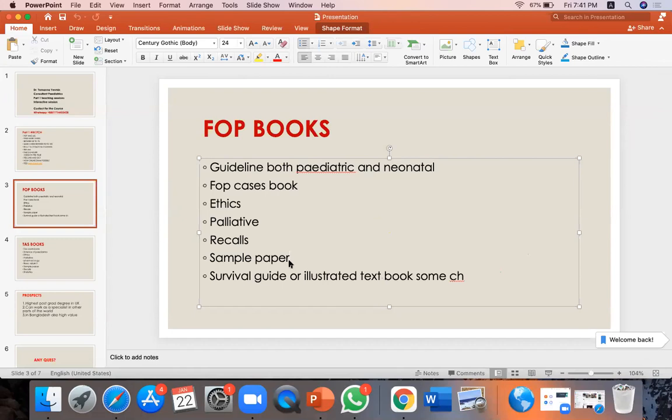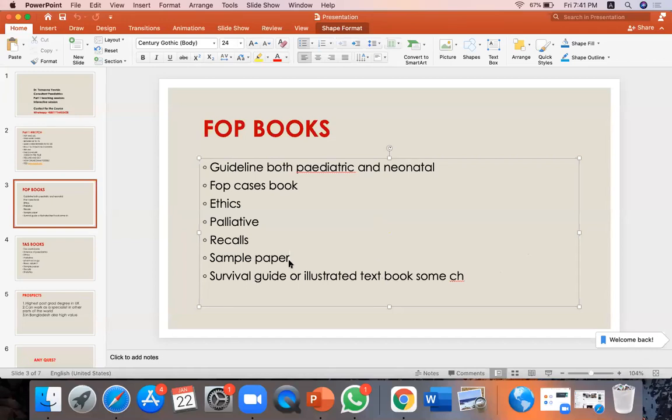They are also very good for clinical topics. Suppose what are the types of cerebral palsy, what are the types of asthma, what is the management of chronic asthma, when we will discharge the patient. This type of clinical question you will only get answered from the survival guide or illustrated textbook.